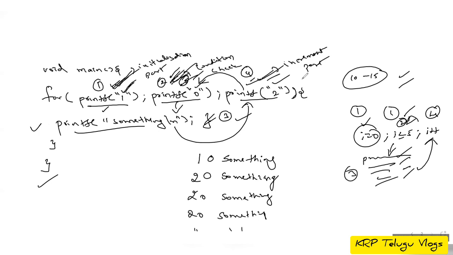Decimal value means you have to give %d and the value, right? So that's why I have given it directly. Can I erase?